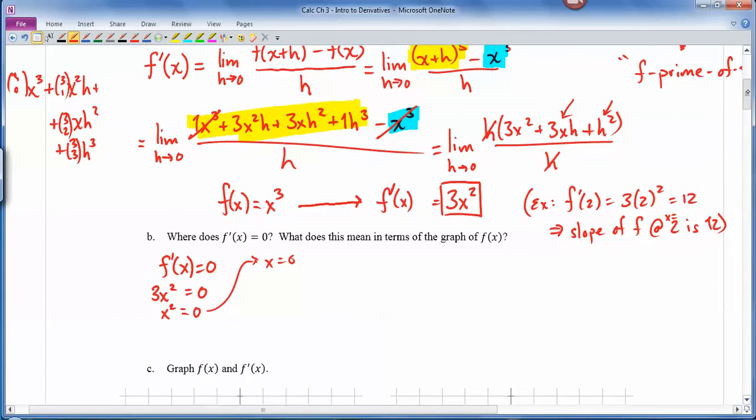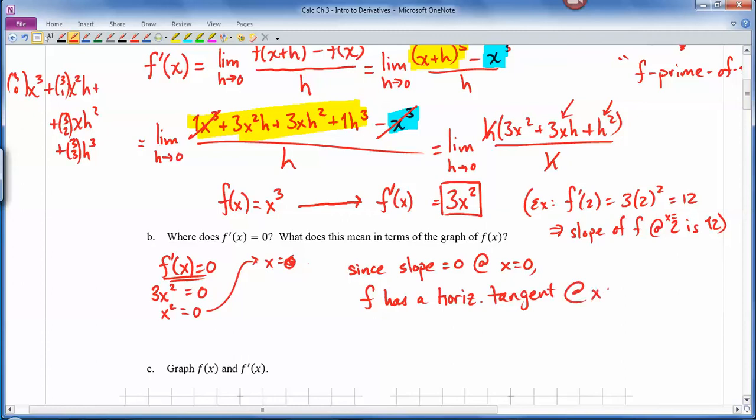Well, if the slope is 0, then the graph has a horizontal tangent right there. So since slope equals 0 at x equals 0, f has a horizontal tangent at x equals 0.